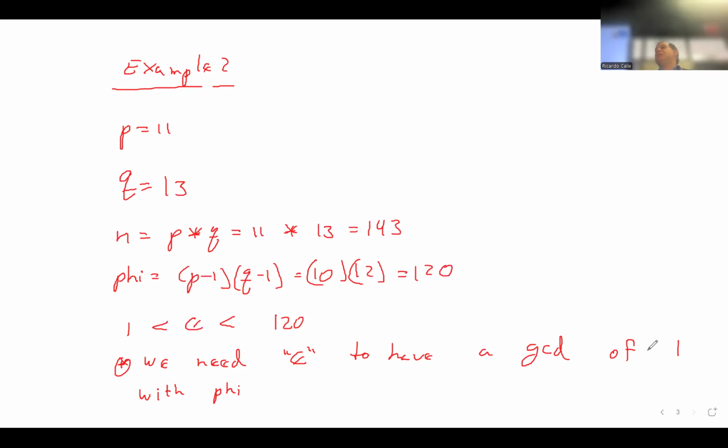So what is GCD? Do you guys remember what GCD is? You learned this in like third grade, right? Yeah, exactly, right? So the GCD is the greatest common divisor, something that you did already, pure arithmetic, right?